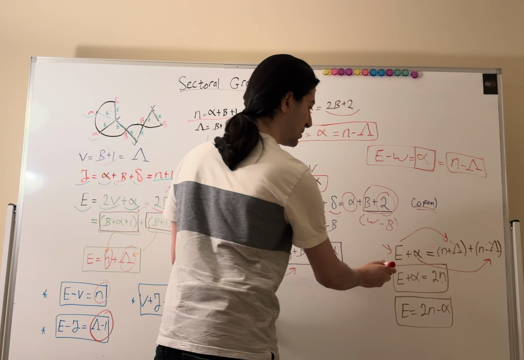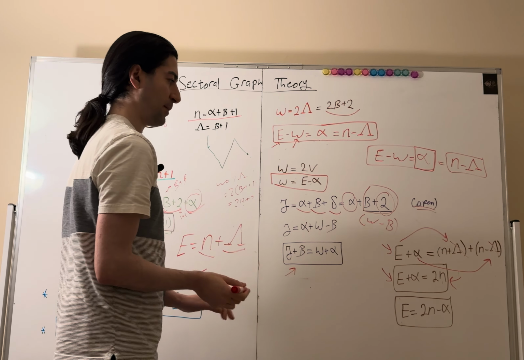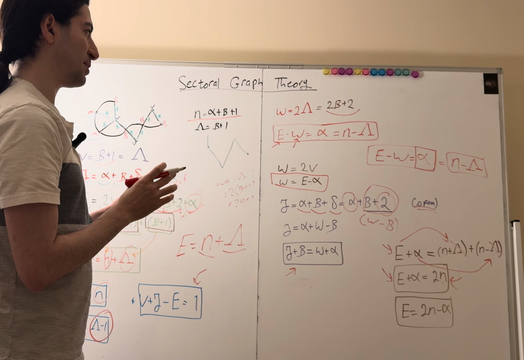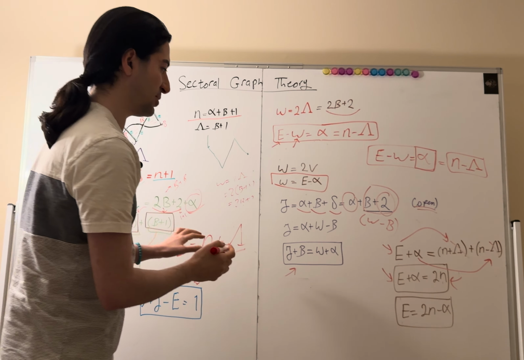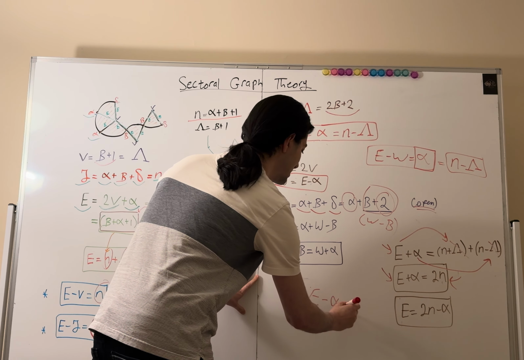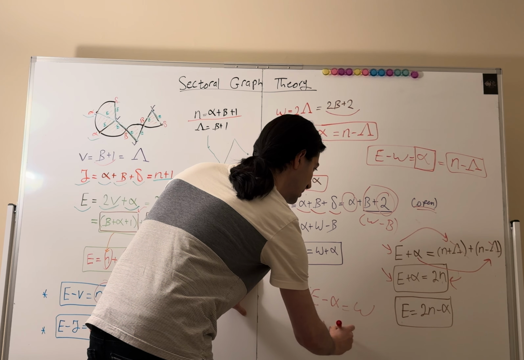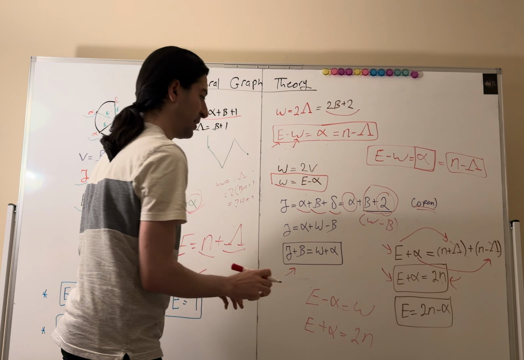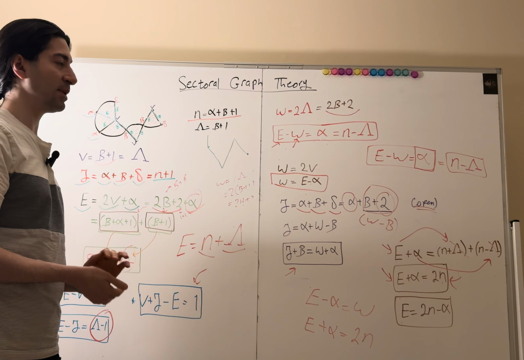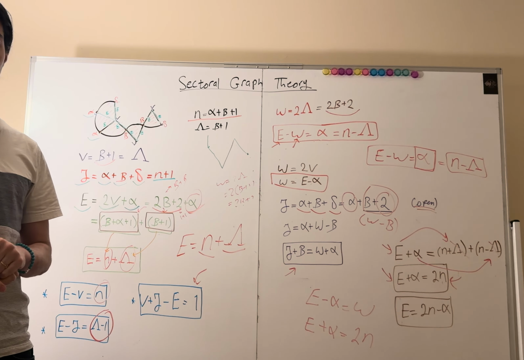So we see the connection here between the alpha and the edges. E minus alpha is equal to the walk, while E plus alpha is equal to 2n. So this will be a nice introduction into sectoral graph theory. And over the next several videos, we will do a deeper dive into these.